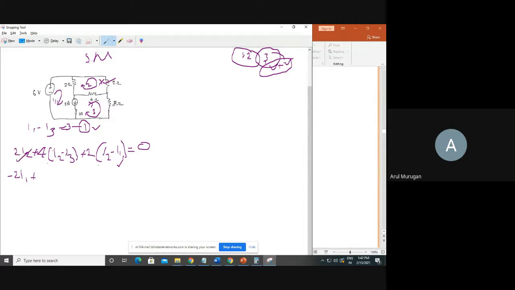Okay, 4 is going inside, 2 plus 4, 6. Okay, 2 is going inside, then 6 plus 2, 8. 8 I2. Then how many I3s are there? The 4 is going inside, so minus 4 I3. It is equal to 0. This is equation number 2, fine. Equation number 2 is over. That's all.